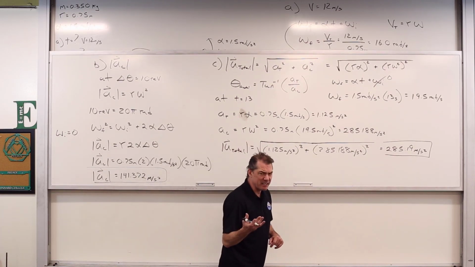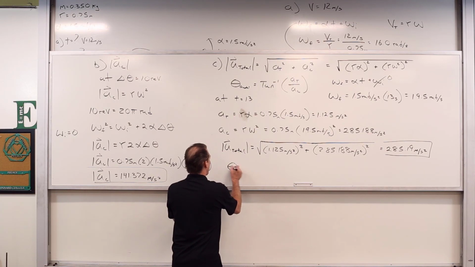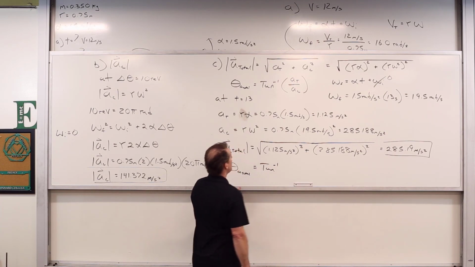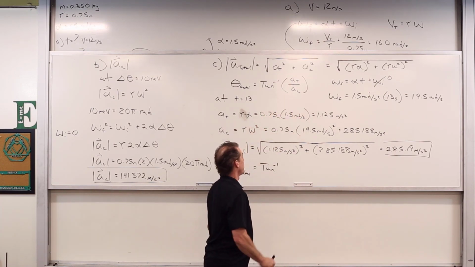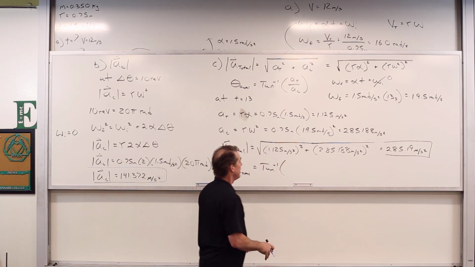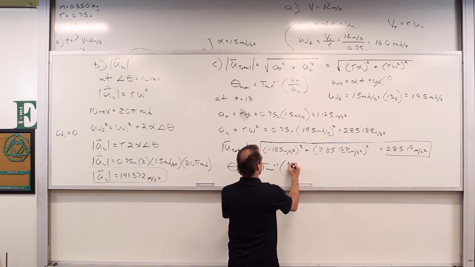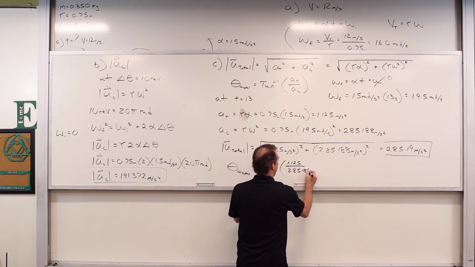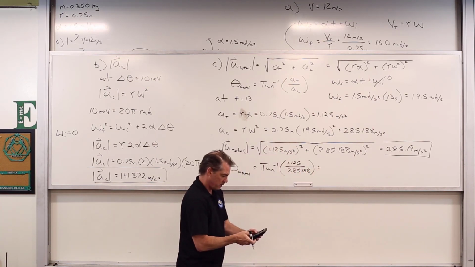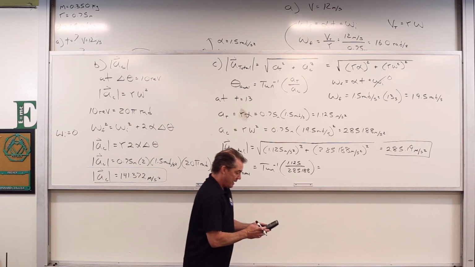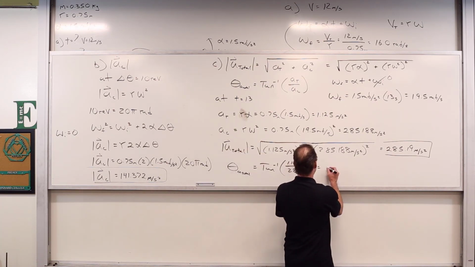What direction is this acceleration? Well, theta of the total is again the arctangent of the tangential divided by the centripetal. And it looks like it's going to be really close to zero because it's mostly radially inward. But we've still got the arctangent of 1.125 divided by 285.188, and that's about 0.226 degrees.